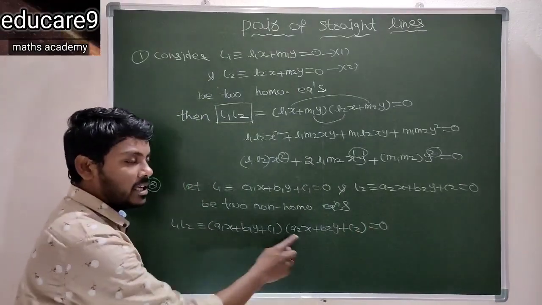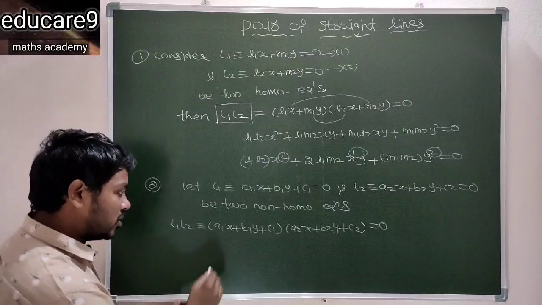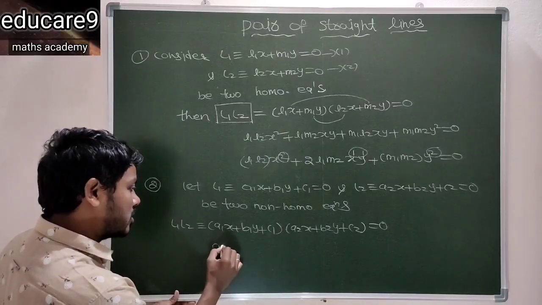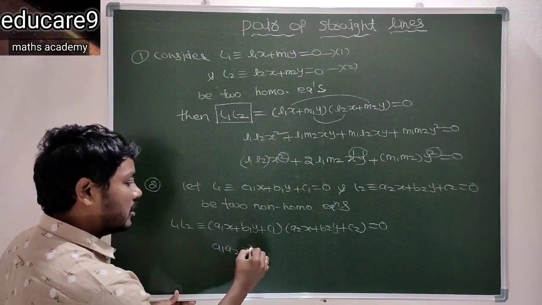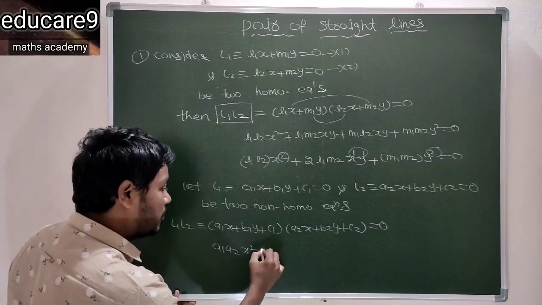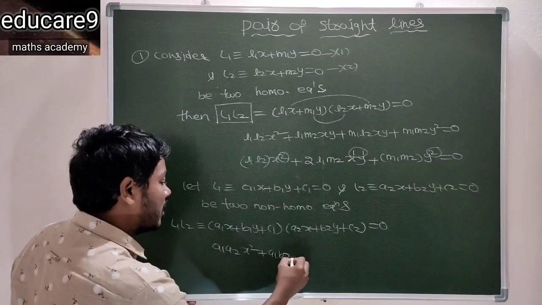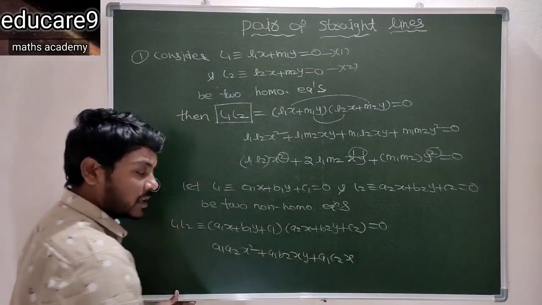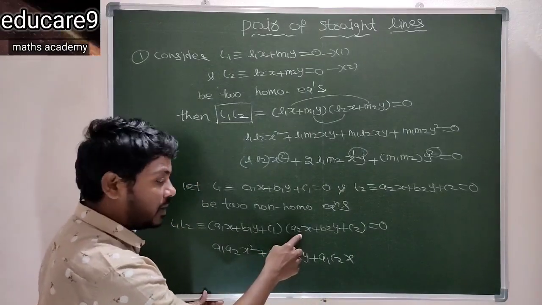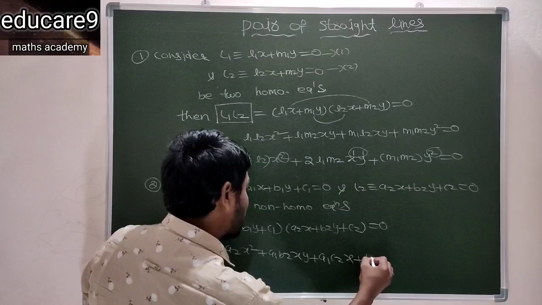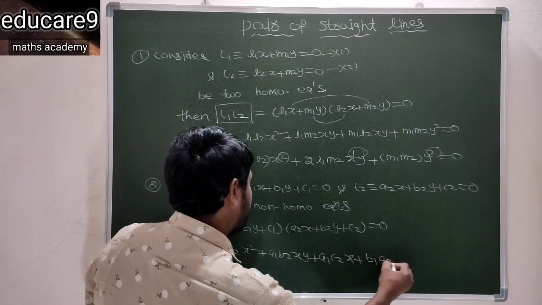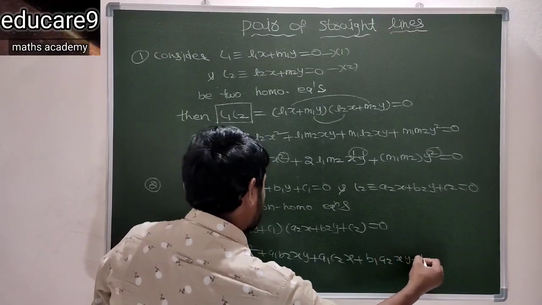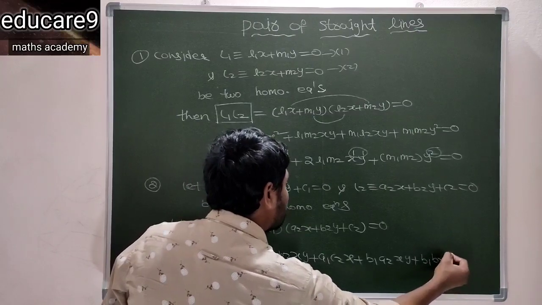Now multiplying these two, here what you get? A1 A2 x square. Next A1 B2 xy plus A1 C2 x. So next multiply with B1y: plus B1 A2 xy plus B1 B2 y square.